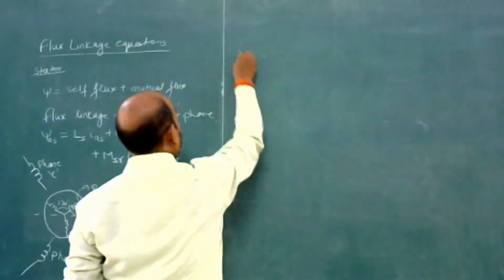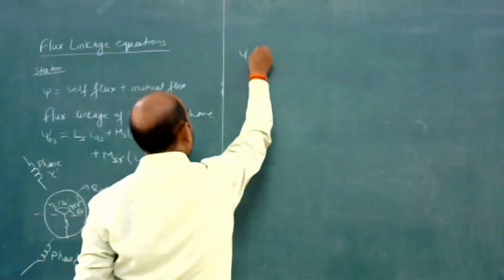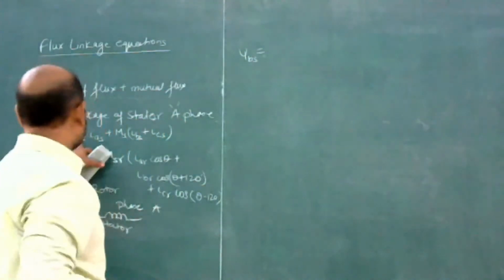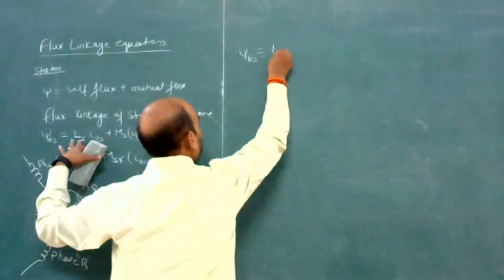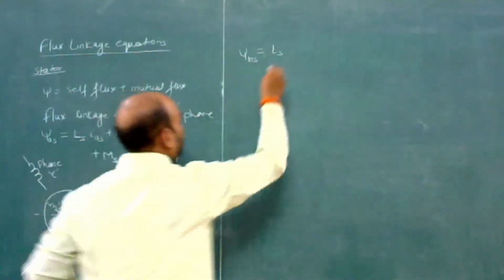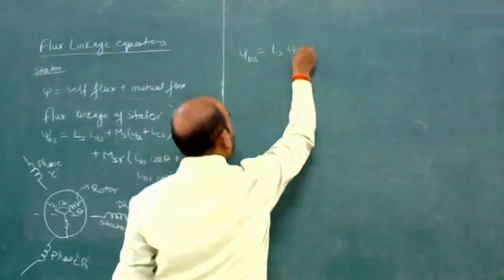So psi BS will be equal to the self flux. We have taken LS, and the current will be IBS.